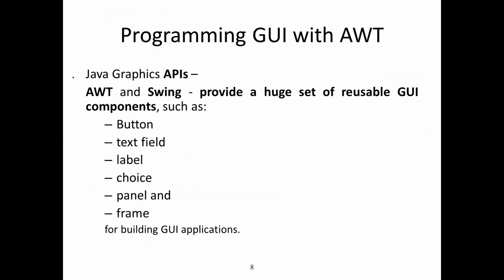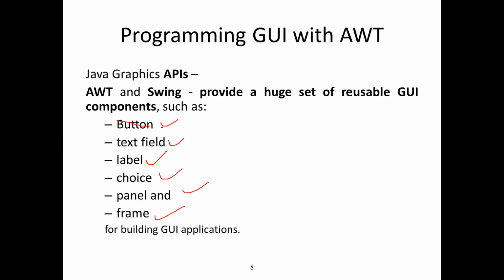Okay. So we have something called AWT's GUI. I'm just making a comparison between AWT and JFX. I think you have come across this in basic Java. You can just see there is a button, a text field, a label, a choice, a panel, and the frame.